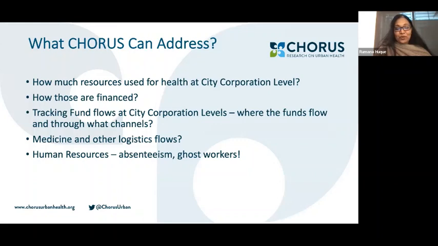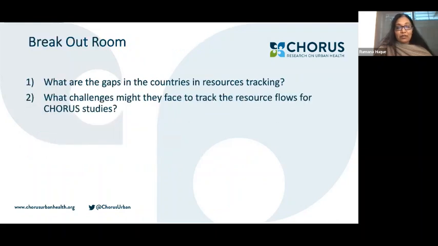I just thought to share that a ghost worker is someone who, on paper, should not be in that post, but you arrive at the center and see that someone is working there who is not a staff member there. So who is that ghost worker? Is there someone moving around? So not only absenteeism, but people who should not be there are also working there. Is it happening at the city corporation level?